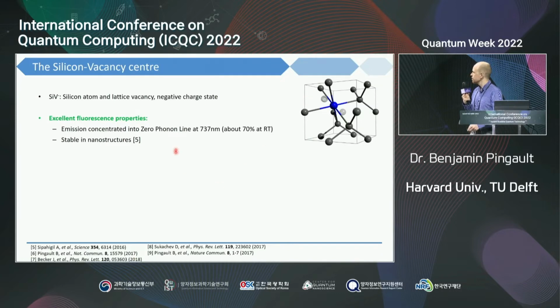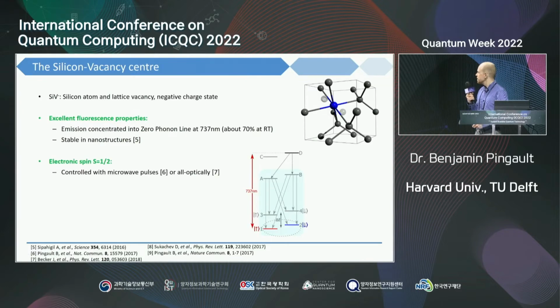Its emission is concentrated into a sharp zero phonon line at 737 nanometers, with about 70 to 80% of the emission in the zero phonon line, as opposed to only 4% with the nitrogen vacancy center. Furthermore, due to its inversion symmetry, it is stable in nanostructures.